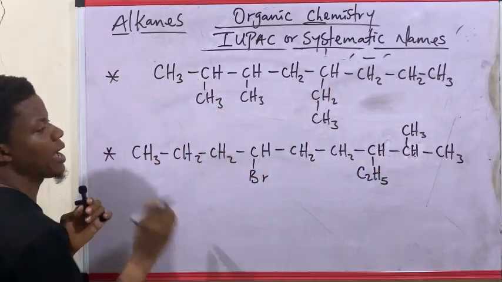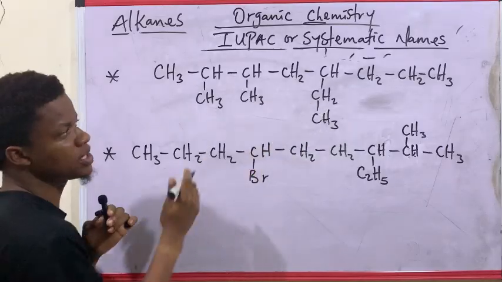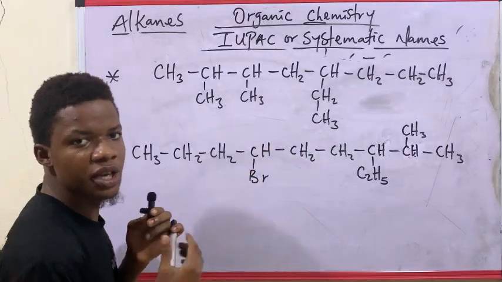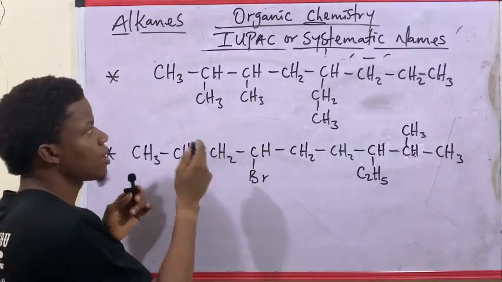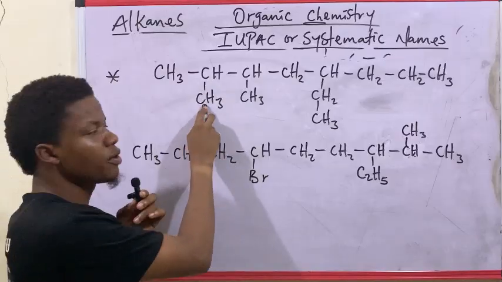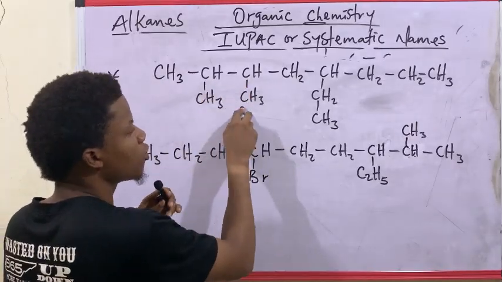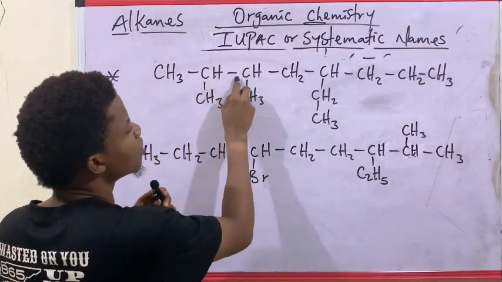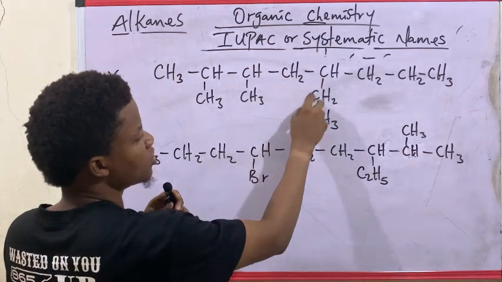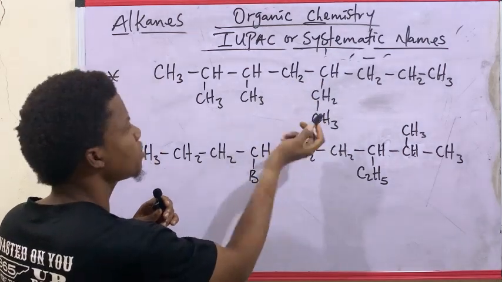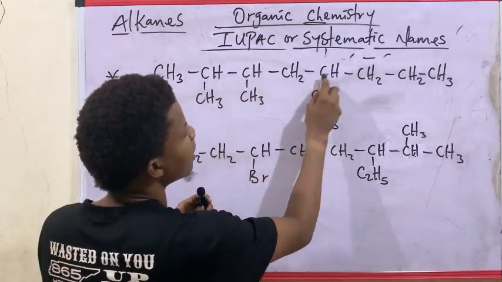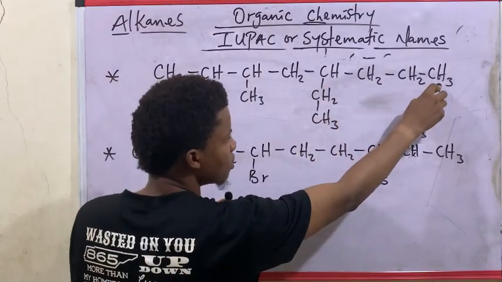So open this one. Now by the time you open this, you can properly get your longest carbon. So now let's count. 1, 2, 3. This cannot give you the longest. 1, 2, 3, 4. Cannot give you the longest. 1, 2, 3, 4, 5, 6, 7. Okay. 1, 2, 3, 4, 5, 6, 7, 8.